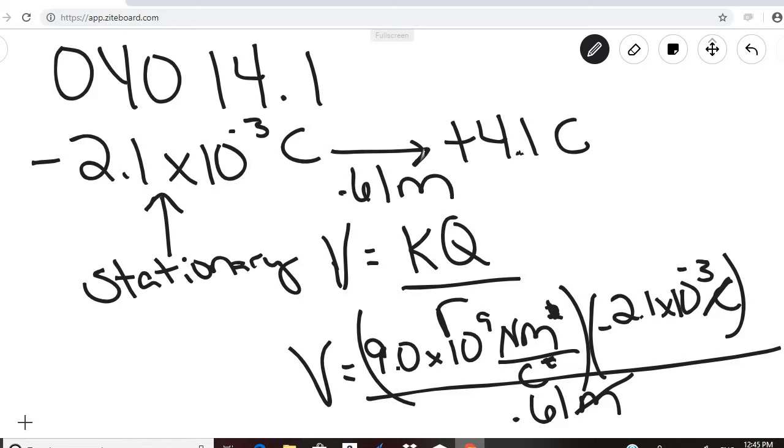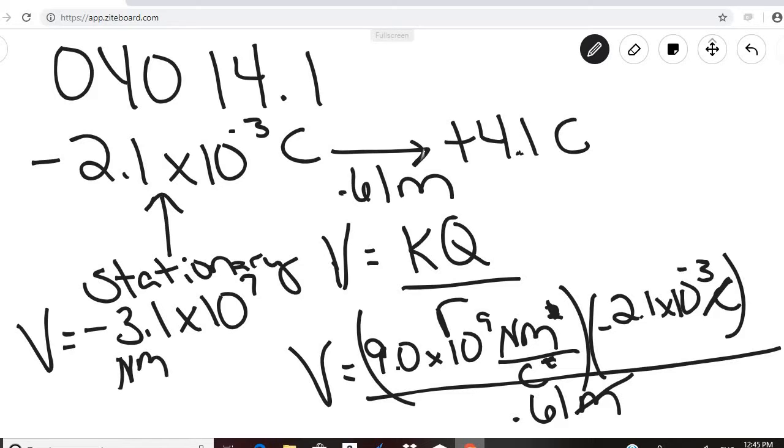So we have newton meters over coulombs, which is a volt. And what you should get for that V value is that V is equal to negative 3.1 times 10 to the 7 newton meters over coulombs, or volts.